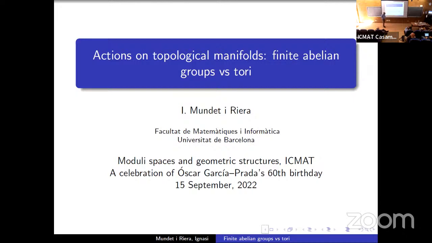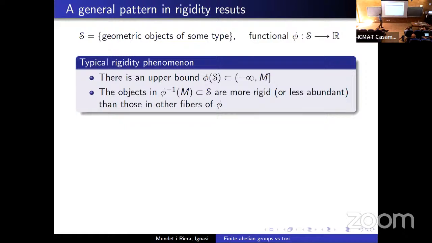And to explain this, let me explain some pattern that one finds in many rigidity results in geometry. So maybe one typically has a collection of geometric objects, let's call it S, and a functional, phi. And a situation that one encounters in many cases is the following.